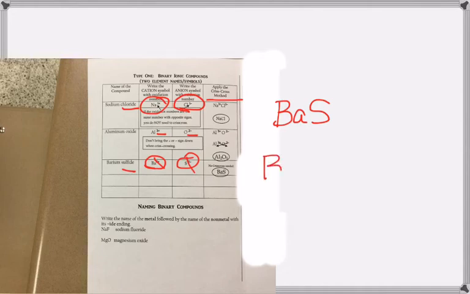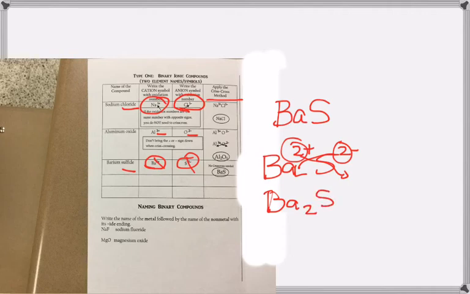But if you forget that, and you end up doing this where you crisscross and bring the number down, crisscross, bring the number down, and you end up with Ba2S2, you'll see that those are both 2s, so this formula could be reduced down by dividing both of those by 2. So then Ba2 is Ba and S2 becomes just S. So it gets you back reduced down.